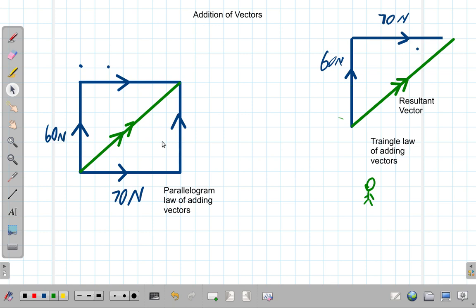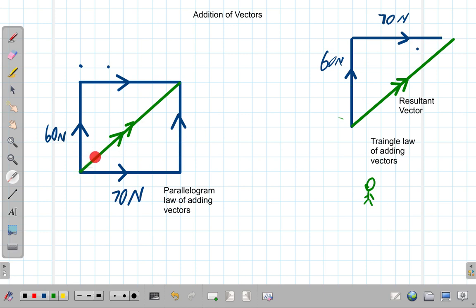So, in this case, this vector is your resultant, and it's the same resultant as this. Because this 60 newtons is the same as this 60 newtons, same magnitude, same direction. This 70 newtons, which is also this, is the same as this 70 newtons. Same magnitude, same direction. And then you draw the third side to close the triangle in the triangle law.